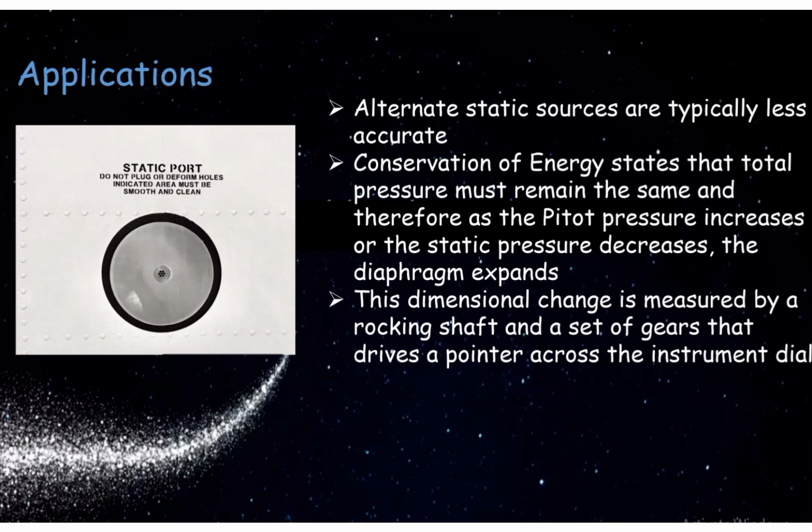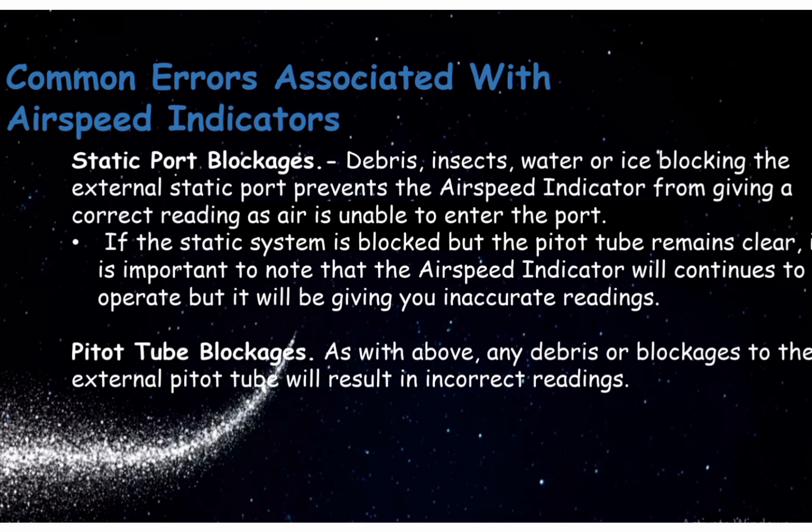So here is the static source of the airspeed indicator. By the conservation of energy, the total pressure must remain the same. So the dimensional change is measured by a shaft.